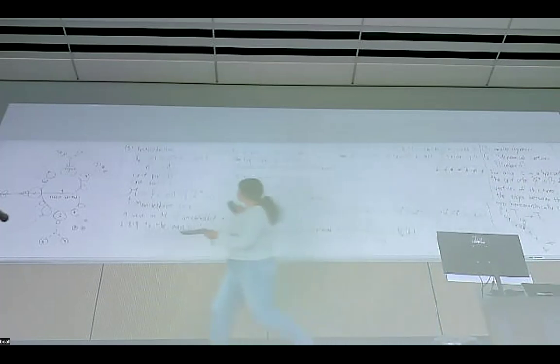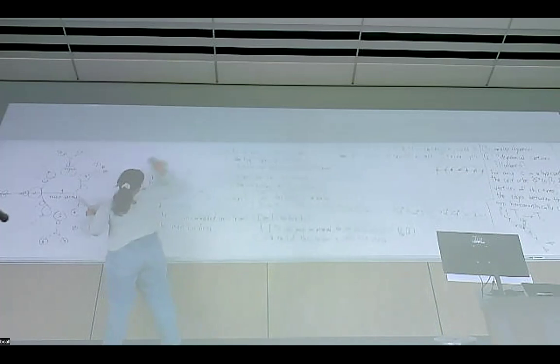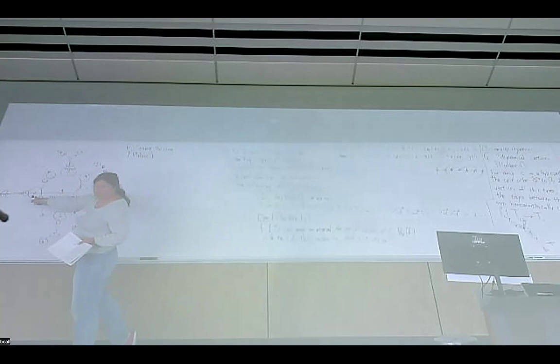The second ingredient is orbit forcing, and I will attribute this to Milnor. Basically, associated to each of these hyperbolic components is the sort of dynamical description.